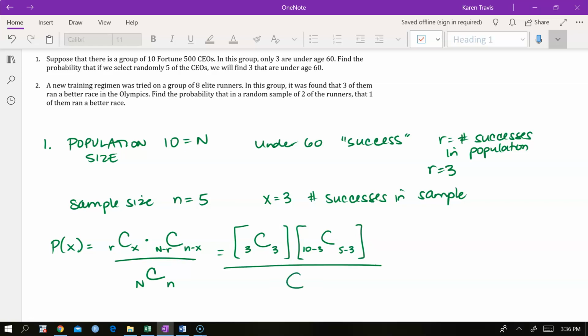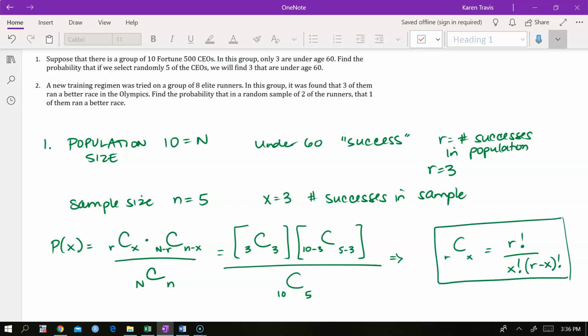And in the whole population, we're counting all the ways we could pick 5 out of the 10 possible people for our sample size. Keep in mind that any combination works like this: R factorial on the top, X factorial on the bottom, and then R minus X factorial. That's what we're doing for each of our combinations.